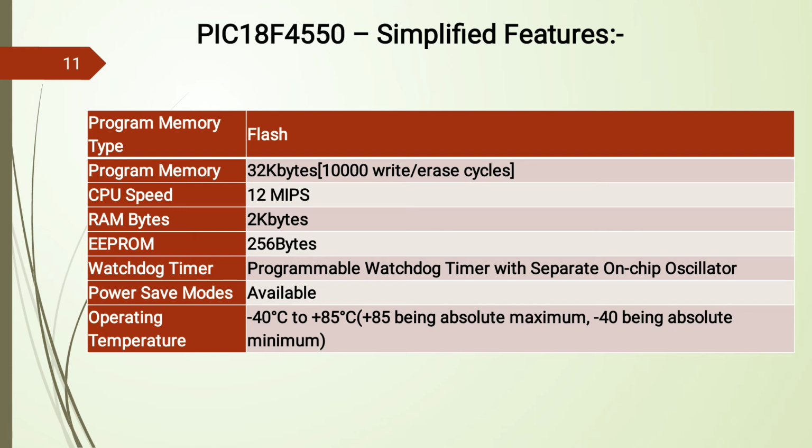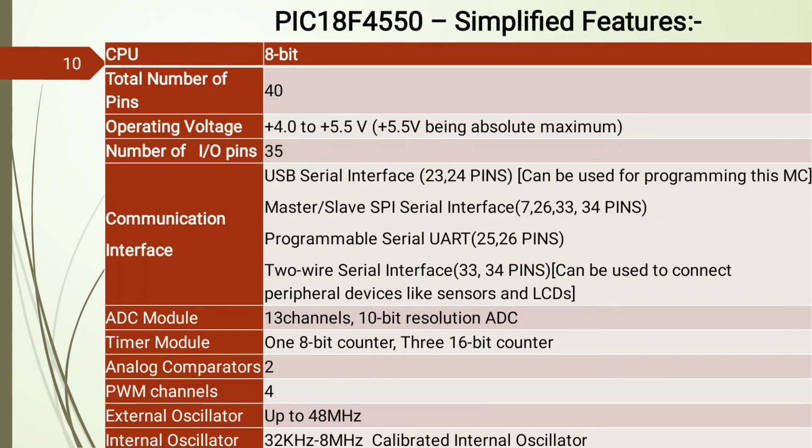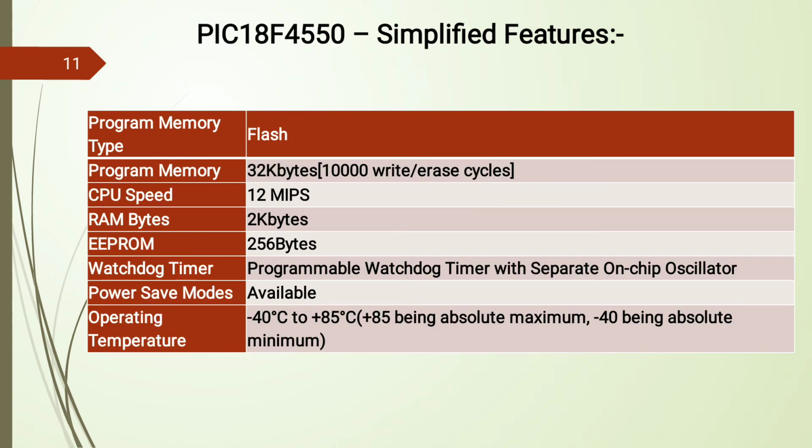So in 1 second, the number of instructions executed is 12 million. The RAM size is 2 kilobytes. It is quite higher. After that, EEPROM is similar to the earlier version, that is 256 bytes. Watchdog timer is also available with a separate on-chip oscillator, as we saw the internal oscillator up to 8 megahertz. This oscillator is generally used for the watchdog timer.